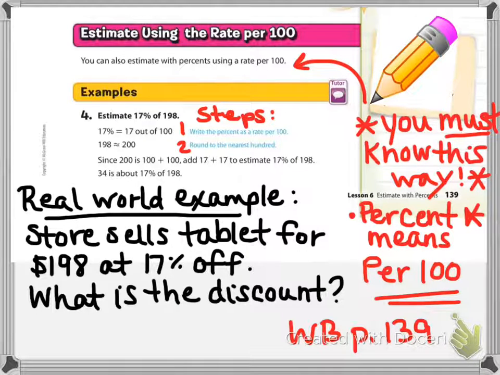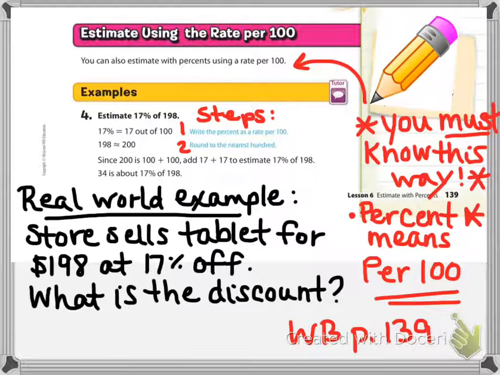Okay, you are estimating 17% of 198. 17% basically just means 17 out of 100, or 17 over 100 if you wanted to write it as a fraction. Then you need to estimate 198, basically round it to the nearest hundred, so that of course would be 200.